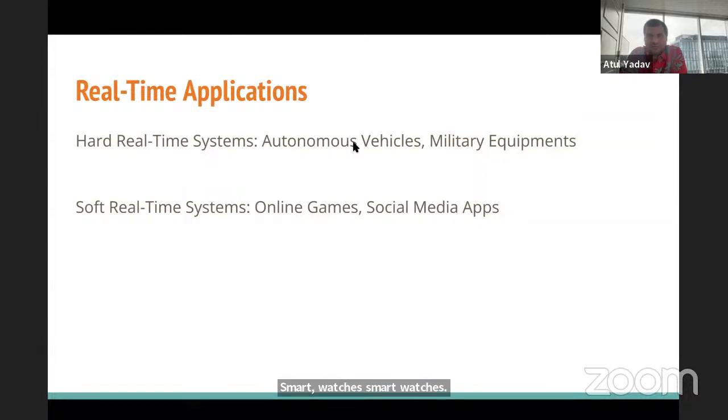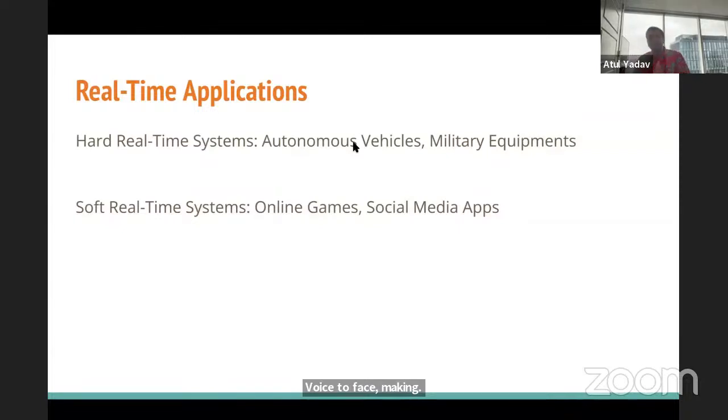Smartwatches. Do you think it is a hard real-time system? I don't see that. Okay, face detection. No. Insulin monitor. Okay. Autopilot drones.